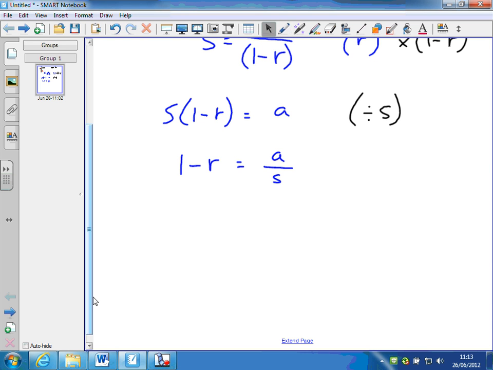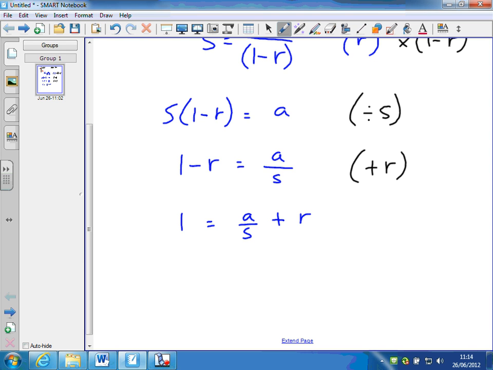Now I want to get R on its own. Remember, if R, the term we're after, is negative, then add it to both sides to make it positive. So the next step would be to add R to both sides. So 1 equals A over S plus R. Now we're almost there.